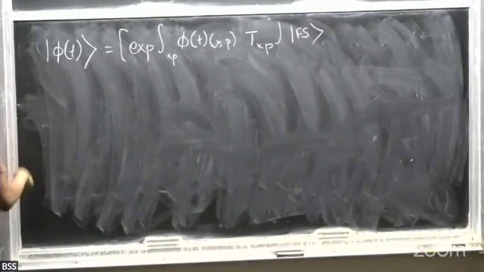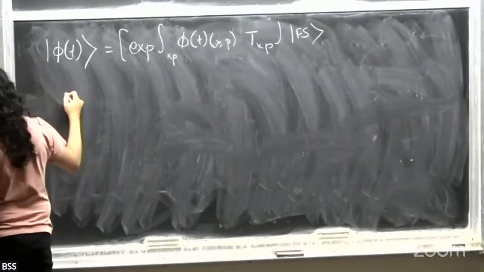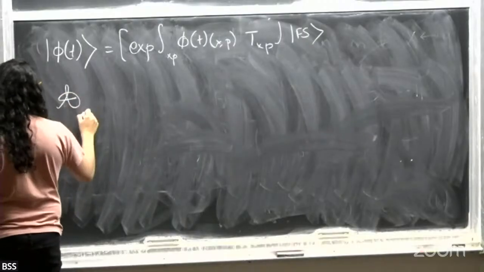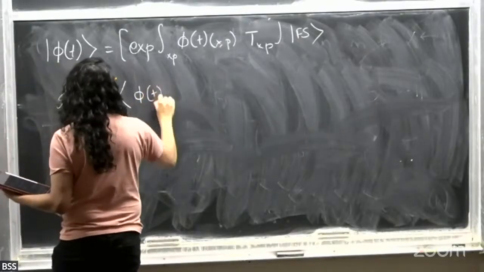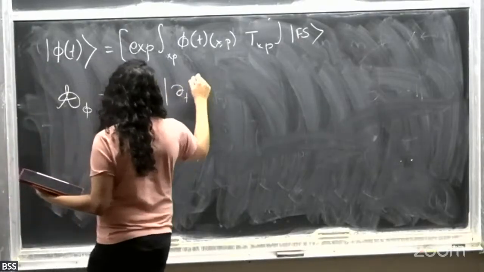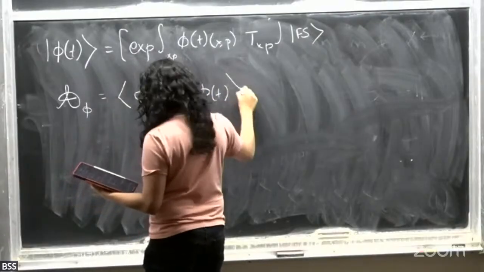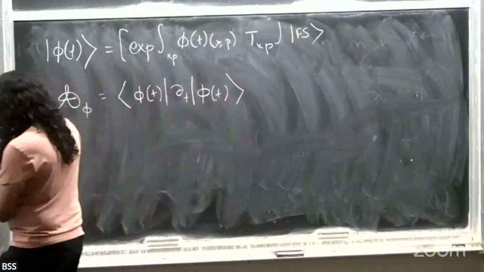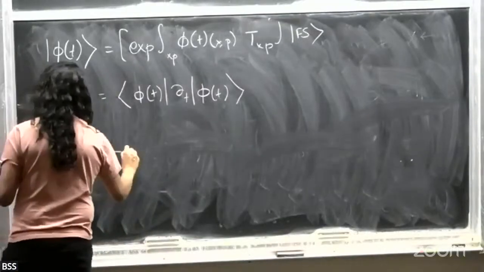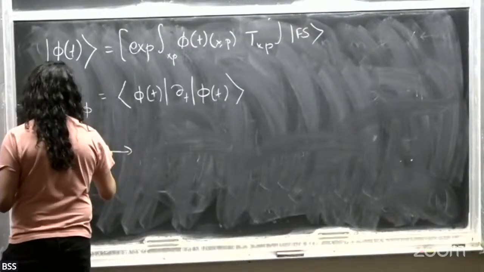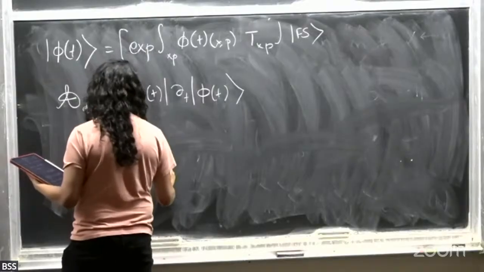Then this gives a Berry connection on the space of states, which is defined by curly A. I will leave it as an exercise to show that in the semi-classical limit, this becomes the following.